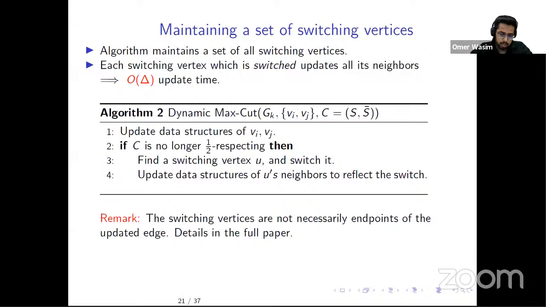And actually, the switching vertices are not necessarily the endpoints of the updated edge, so we can't look at a constant radius neighborhood of the endpoints of the updated edge to find a switching vertex.